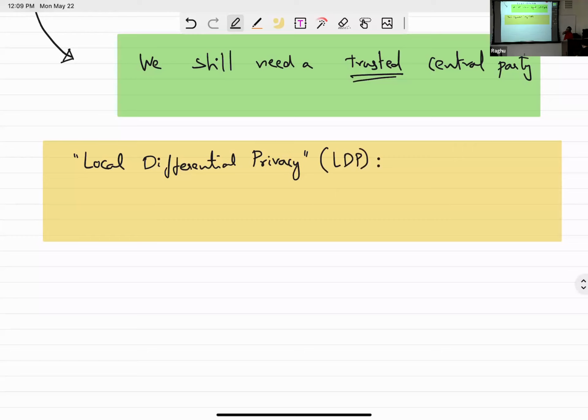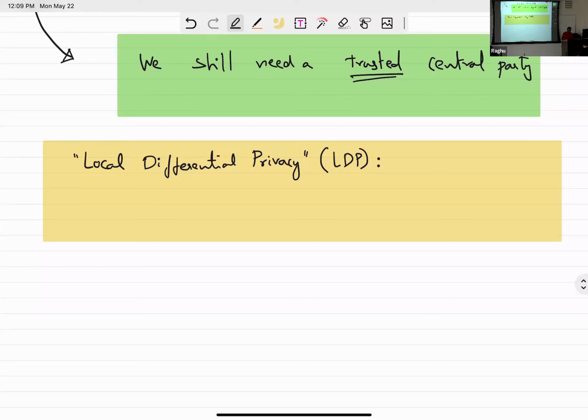We're not going to study it, but I just want to say that there are other variants which are interesting in their own applications. Local differential privacy is the setting where each user doesn't really trust the central party, but they're willing to give some noisy answers, or just send noisy data to the central party.